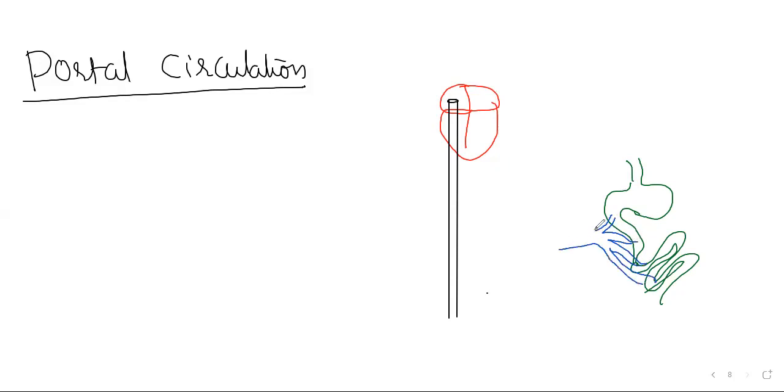We have seen this already in the digestive system, but it's my formality here. Should I explain here also? Hepatic portal vein collecting blood from alimentary canal, collecting blood from the gut and opening into the liver.